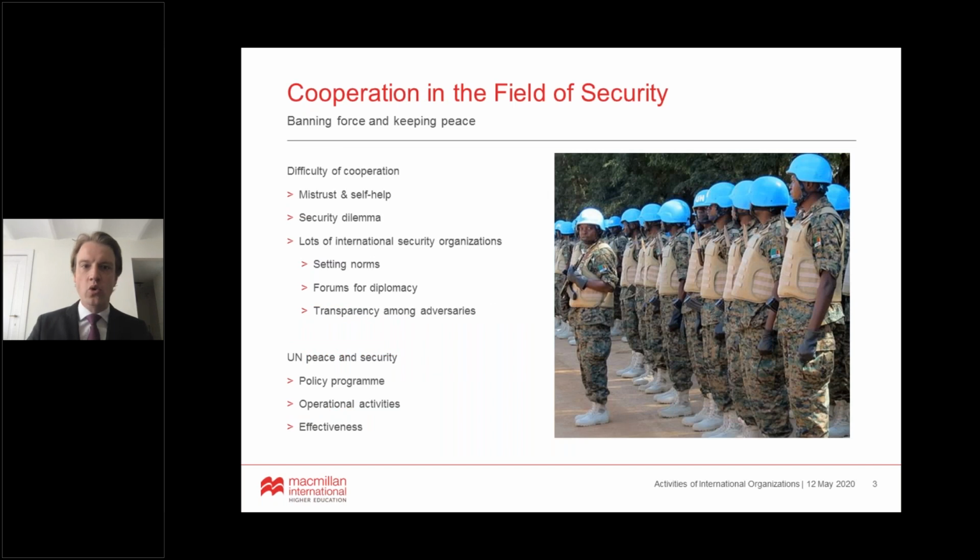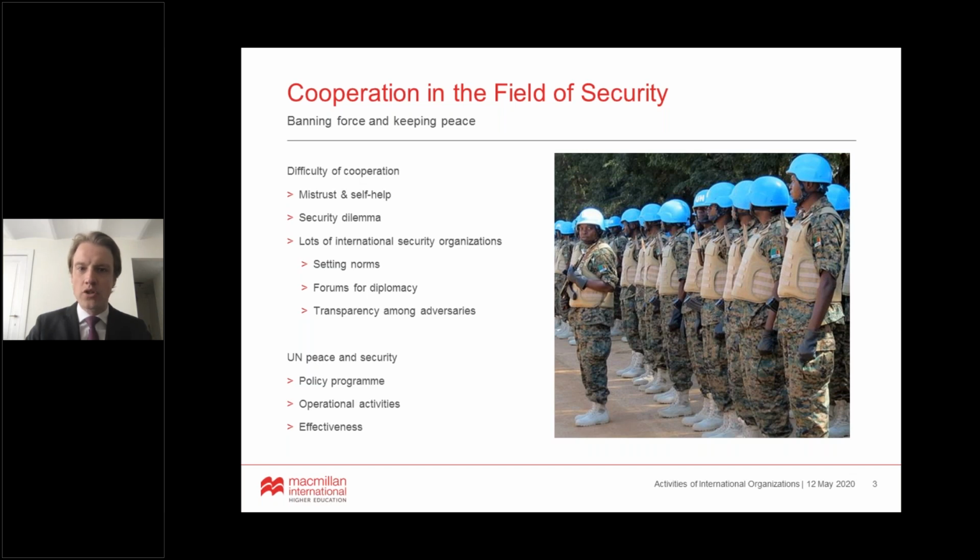So let's start talking about cooperation between international organizations in the field of peace and security. In the area of peace and security, it is well known that cooperation tends to be very difficult among states. States don't really trust each other very often, and they're responsible for their own security, what realists have called self-help. There's also something like a security dilemma.